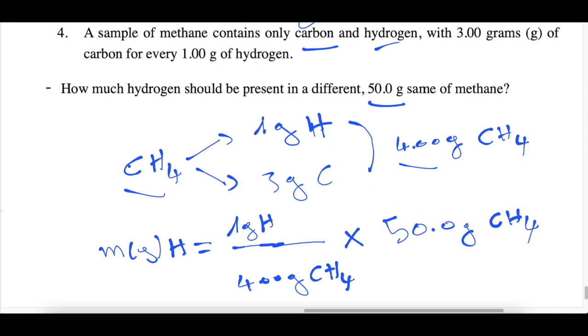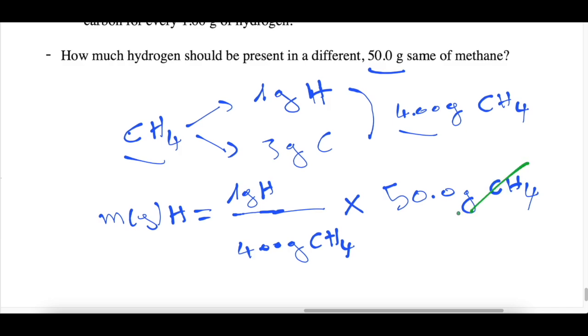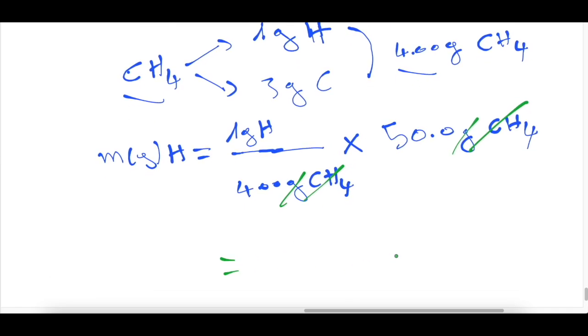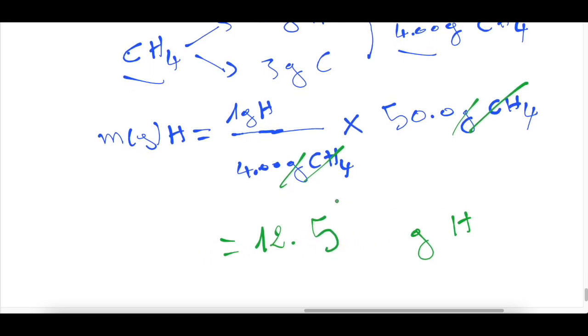We can simplify methane, grams, and at the end we'll get the unit of grams of hydrogen. Here it is 4.0, not 4. So 1 over 4 times 50 gives 12.5 grams of hydrogen.